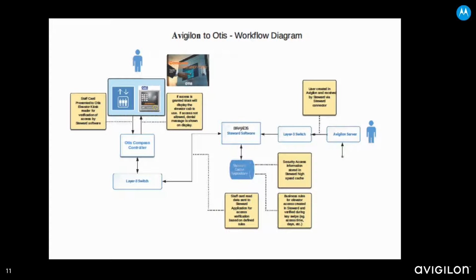So they can even work in environments like that where you have a proprietary reader or a reader that's embedded into the elevator control solution. They can still work with that, and then they can still in turn write that transaction information back to Avigilon.